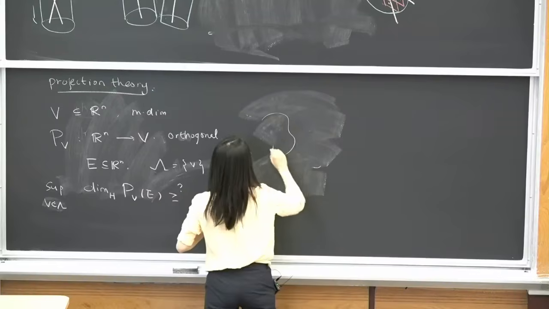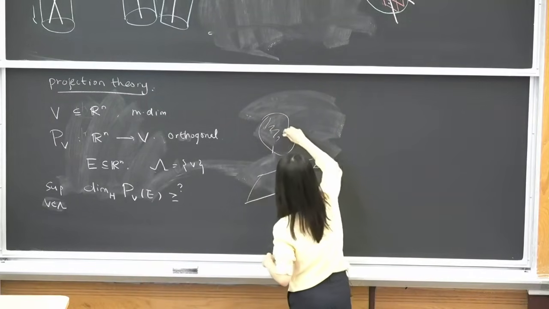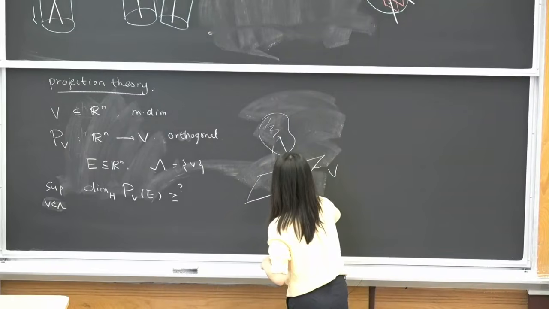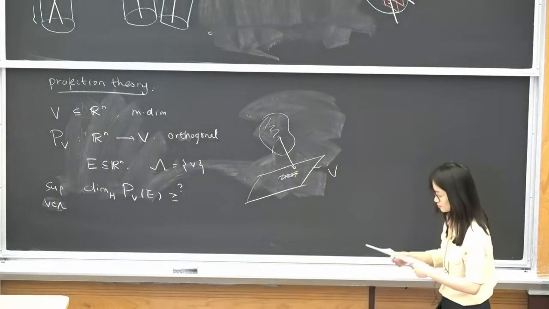The picture is like if we have some set here, and then we have some subspace V, and we project. And we want to understand the projection image of the set.